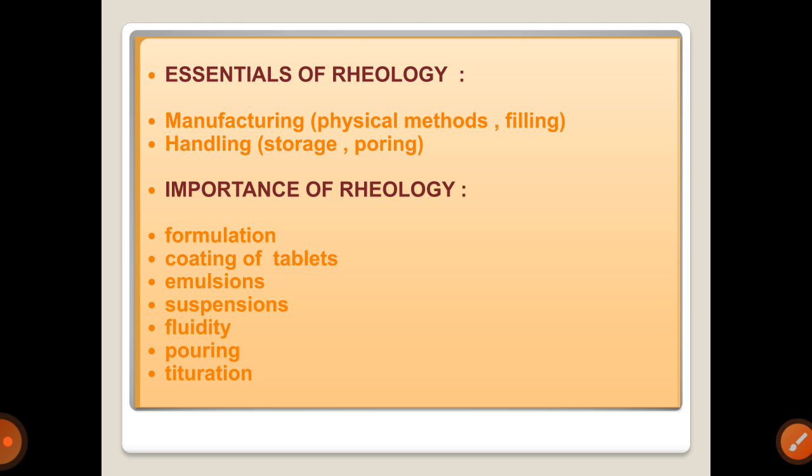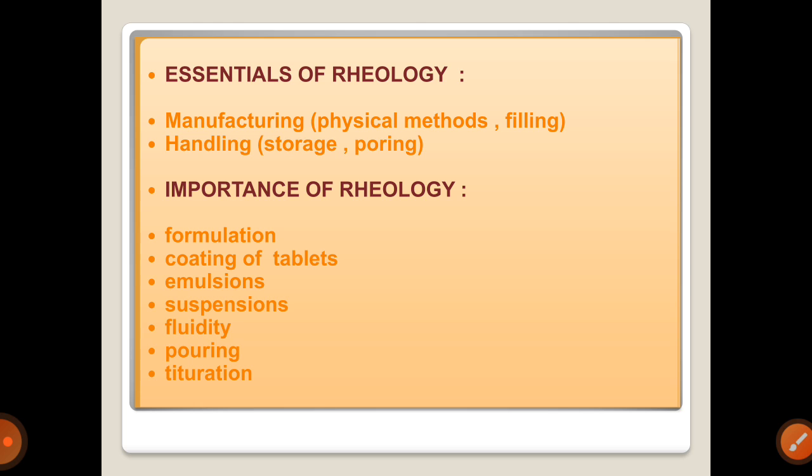What are the importance of rheology? Okay, now importance. I will try to explain it as best I can. Formulation. What is formulation? Formulation is a preparation. For example, if you are mixing 2 grams of compound A and 3 grams of compound B, you have to formulate it, meaning mix it.